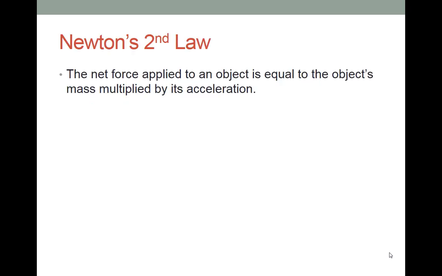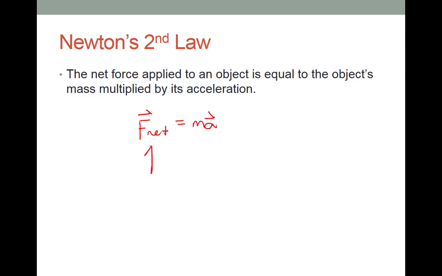And in many ways, Newton's second law is very much a part of Newton's first law. It tells you what happens when there is a net force acting on an object. So Newton's second law tells us that the net force applied to an object equals that object's mass multiplied by its acceleration. So in other words, the net force, F net, equals ma.